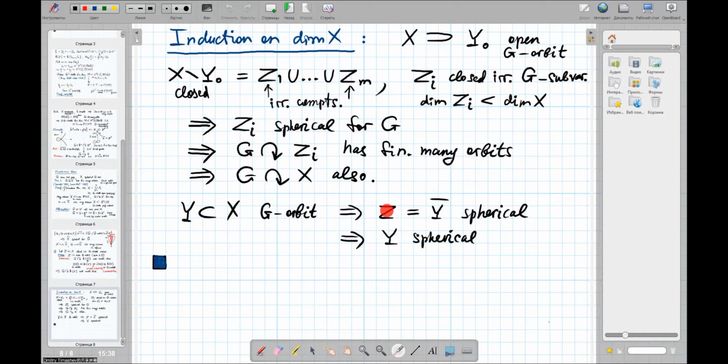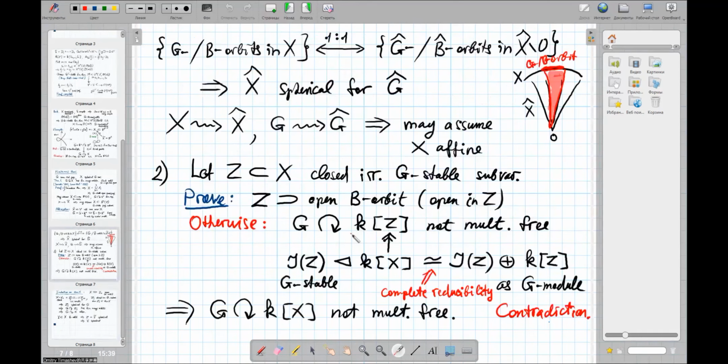What we get is a closed G-stable irreducible subvariety of X, and we have proved here that such a subvariety is spherical.